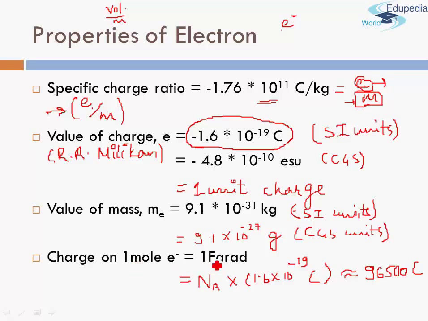So I have 1 farad charge, that is I have 96500 coulomb of charge. So 1 farad is 96500 coulomb. You have to remember this. Farad is represented simply by capital F. So 1 F is equal to 96500 C. So that is done with electron.